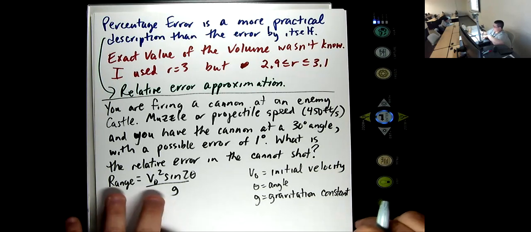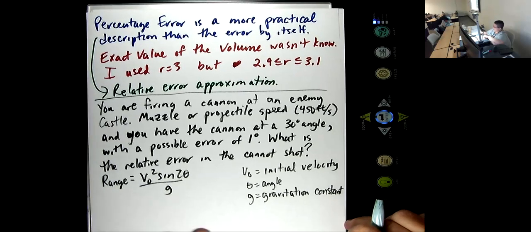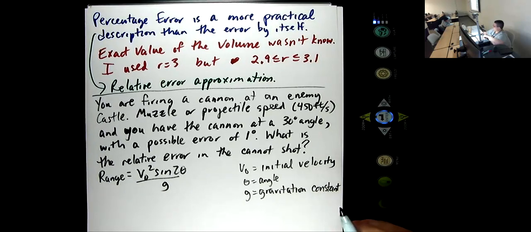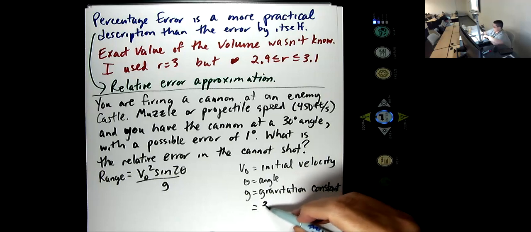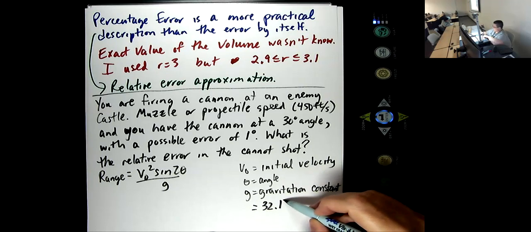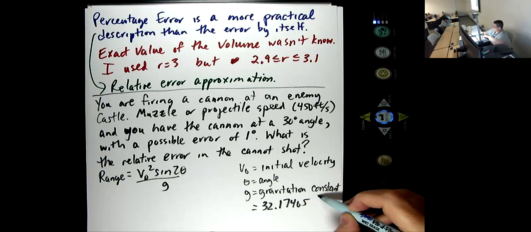It has 2 different values for Earth, 1 in meters per second squared and 1 in feet per second squared. Since this is in feet, the gravitational constant is 32.17405 feet per second squared.